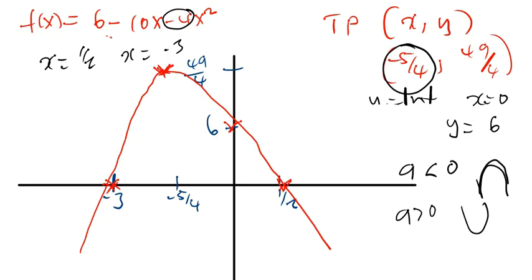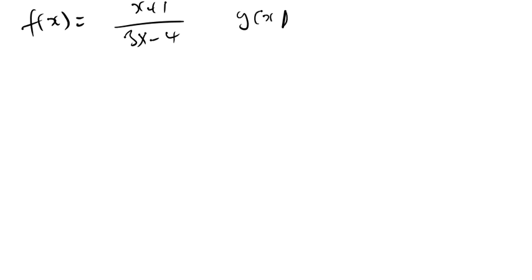Another set of the questions that you guys should be familiar with is composite function. These questions I'm getting from different past papers and tutorial sheets. Given that f of x is equal to x plus 1 divided by 3x minus 4, given that g of x is equal to x squared minus x, then h of x is equal to the square root of 4x minus 3.